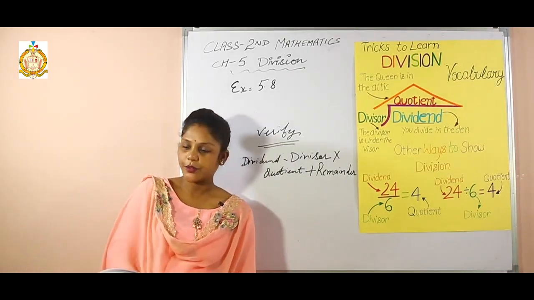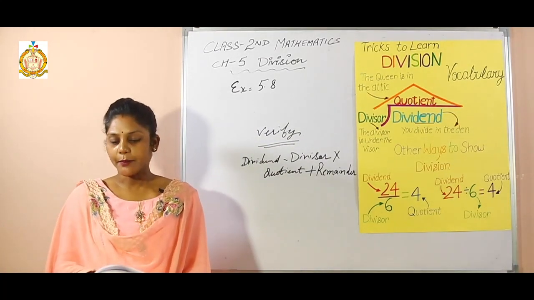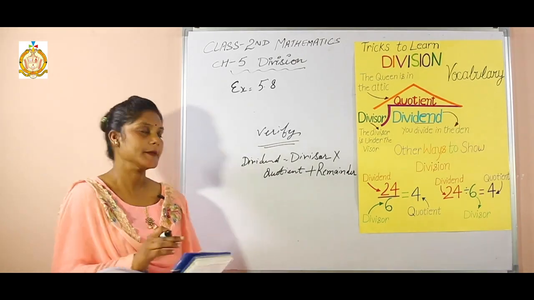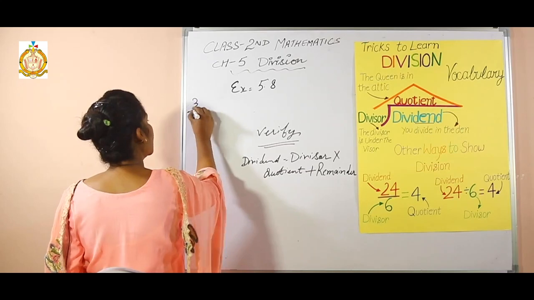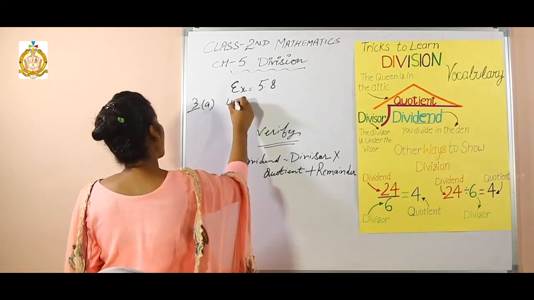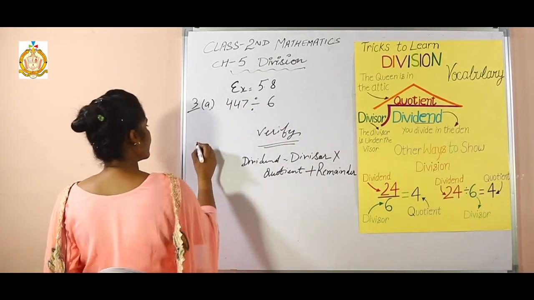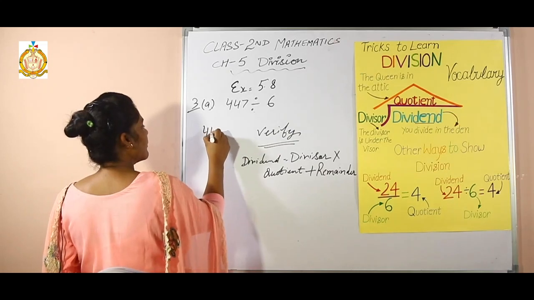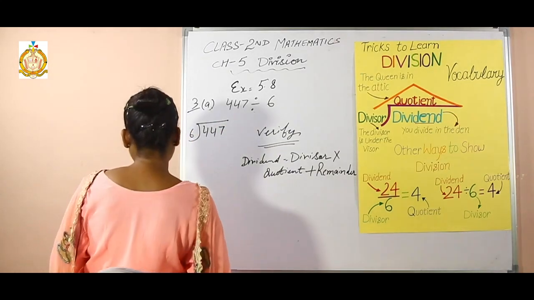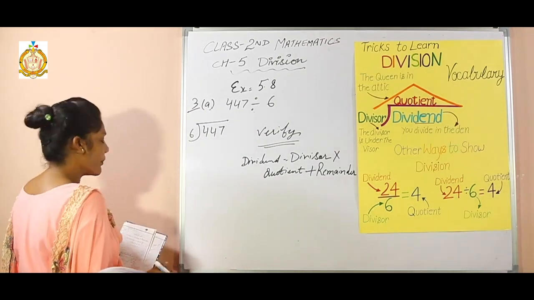I want to show you the same exercise 5.8, part 3, sum number A. Here is 447 divided by 6. So 44 is not able to reach the proper number.